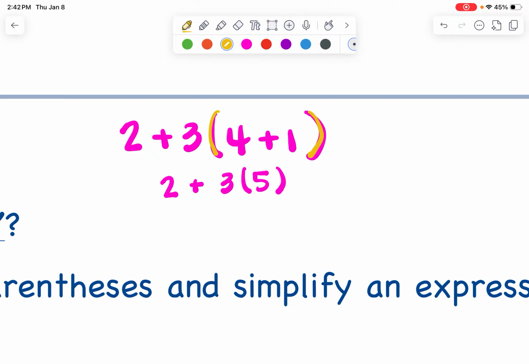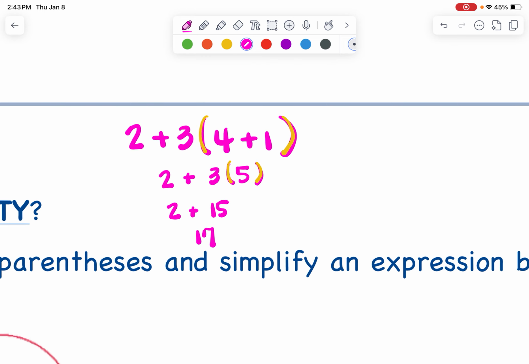But now these parentheses are not PEMDAS parentheses anymore because I can't simplify 5 anymore. They are now multiplier parentheses. So there's a difference between parentheses that are PEMDAS that I can actually simplify and parentheses that are showing multiplication. Of course, we would apply our PEMDAS rules. We would do the multiplication first and then add the 2 at the end, and we would get 17.